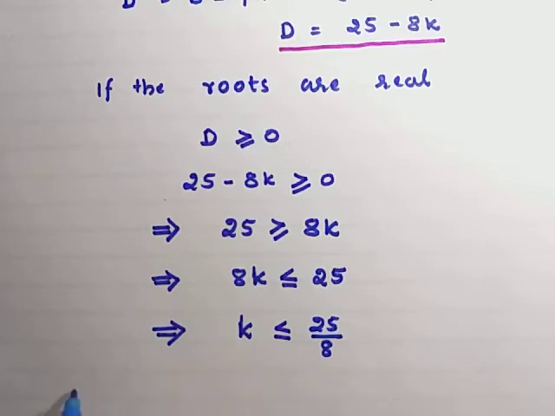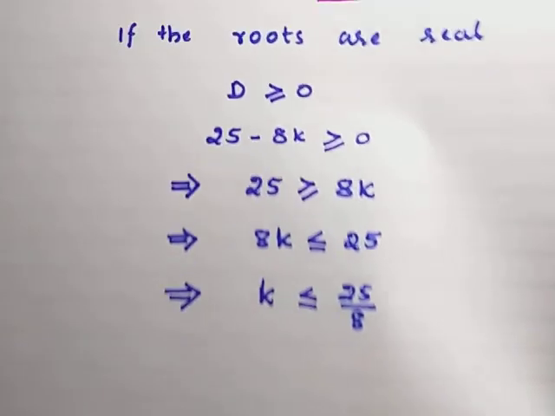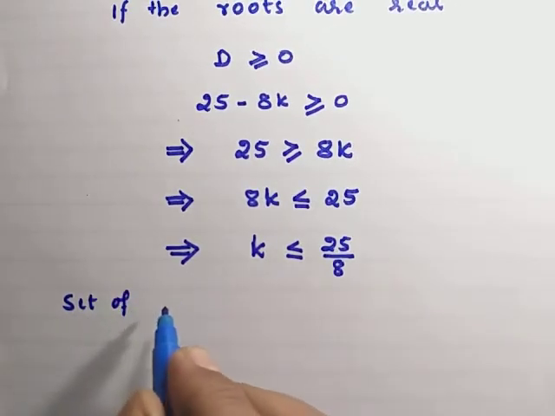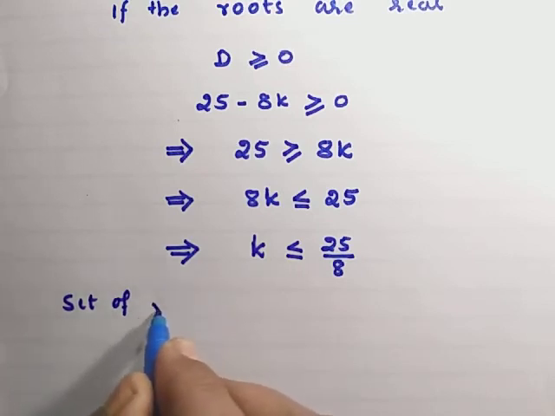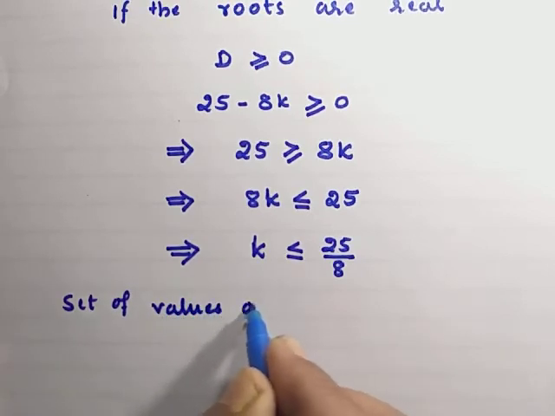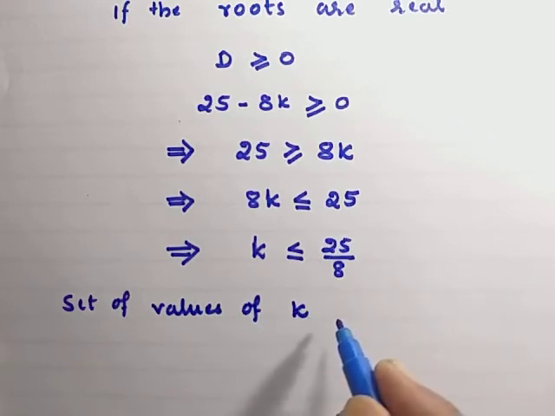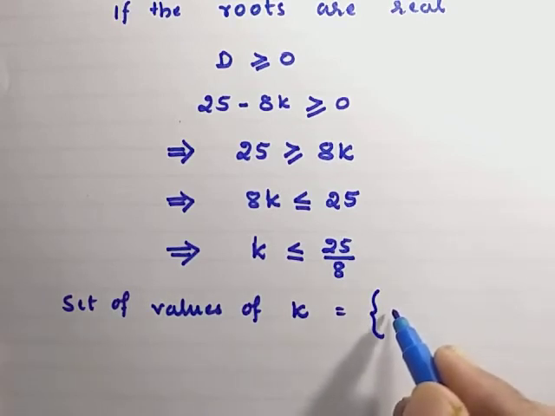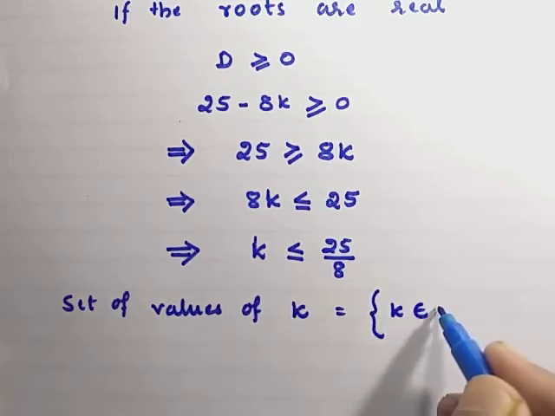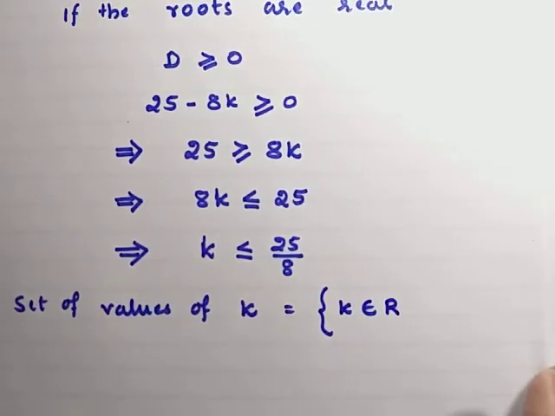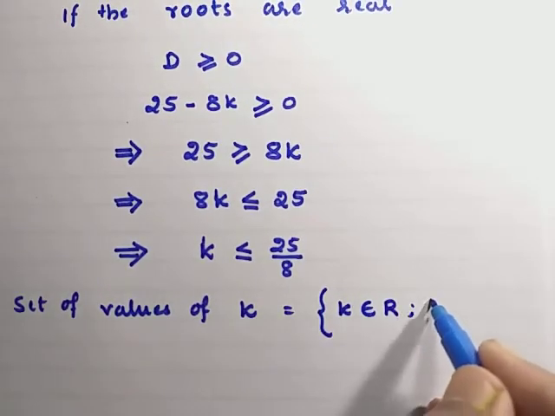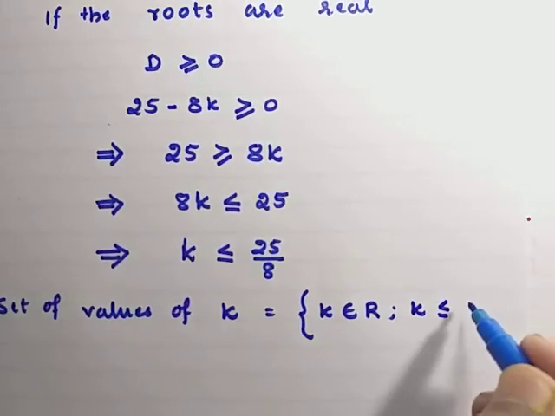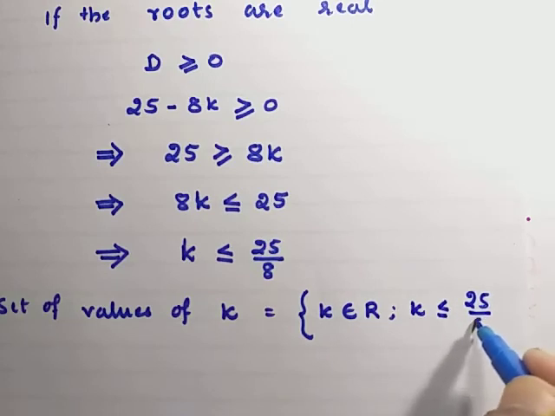The set of values of k, I'll write for your convenience to understand, is equal to k belongs to real numbers such that k is less than or equal to 25 by 8.